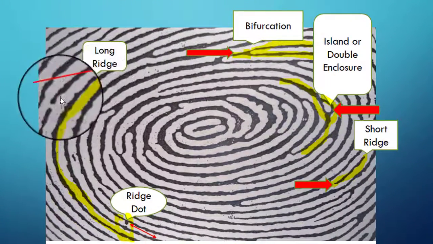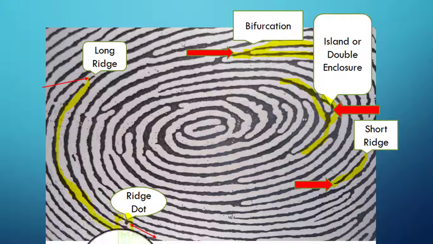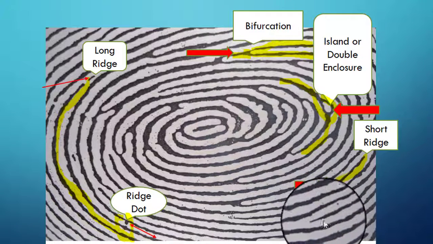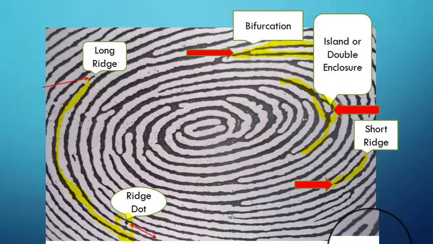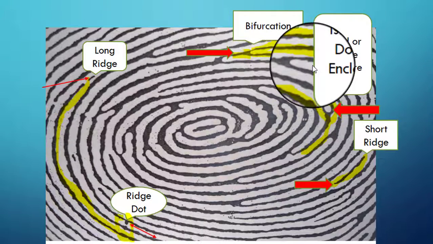There are long ridge endings that flow along until it abruptly ends or stops, and there may be extremely short ridges within the pattern. Some ridges have bifurcations that flow until it divides into two separate, distinct ridges.